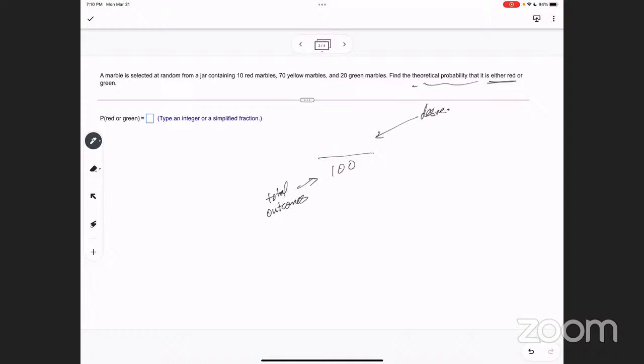How many ways are there to get the desired outcome? 30. There's red or green. Yeah, so it'd be 10 and 20, which is 30. So it could be 3/10, or you can write 0.3. Making sense there? Yep.